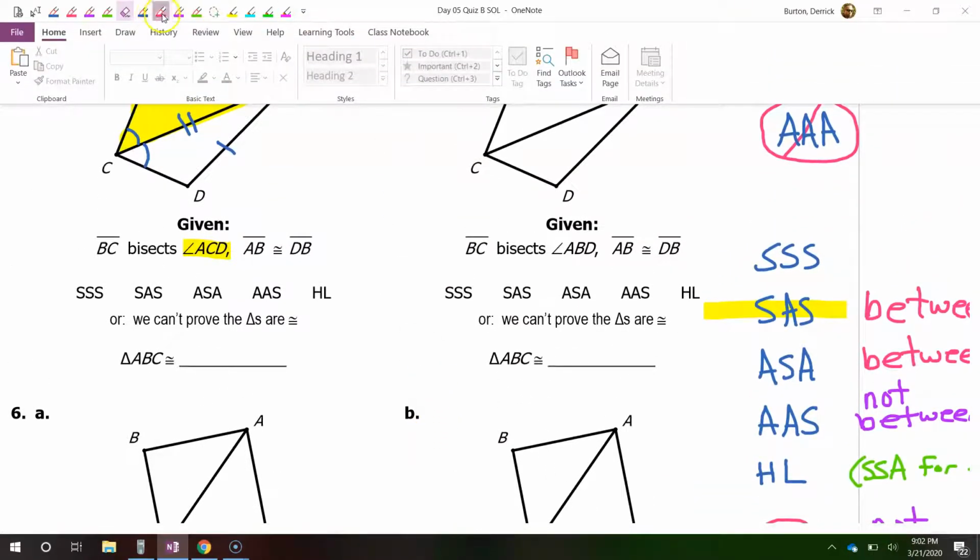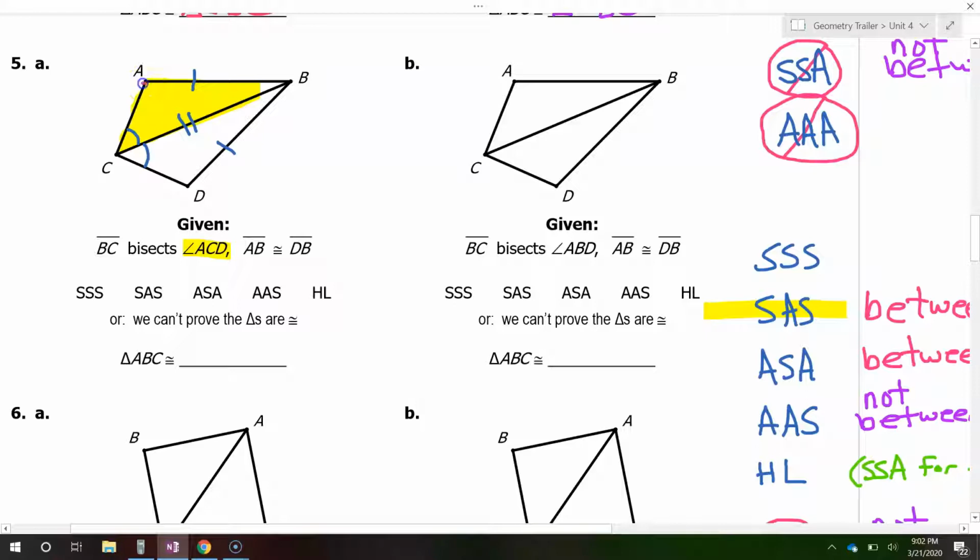I think we should trace the sides. Here's one of the sides that we have marked. Here's the other side that we have marked. Notice that they meet over here at angle B, at point B. But the angle that we have marked is way over here at C. So the angle is not between the sides.